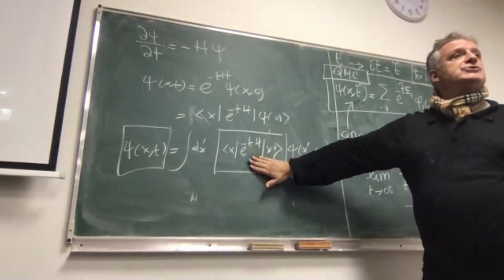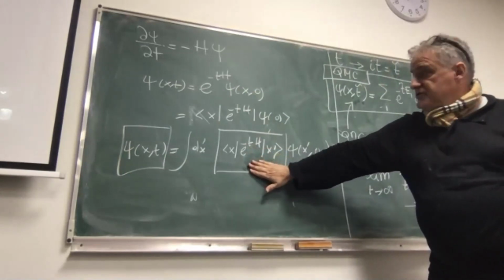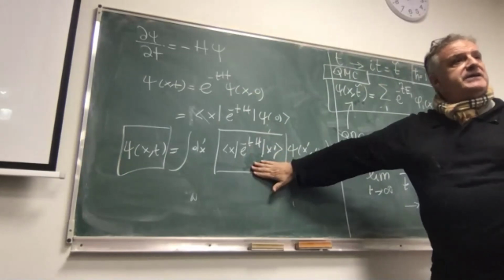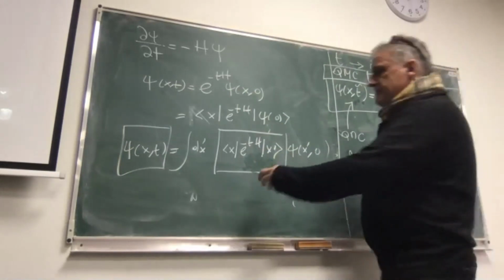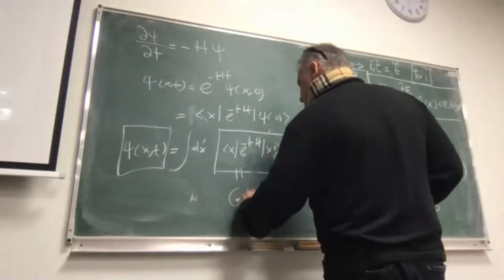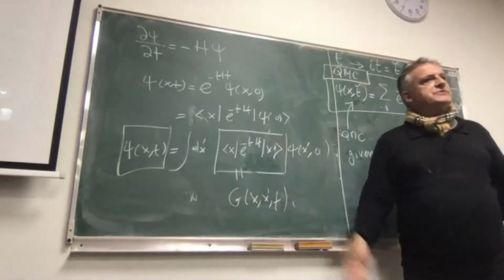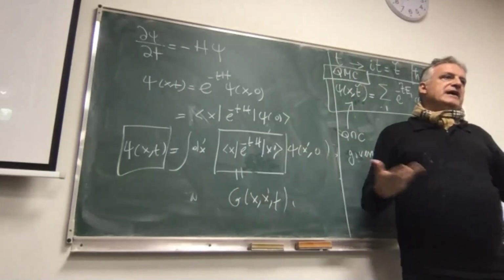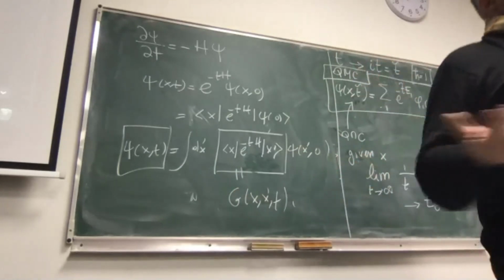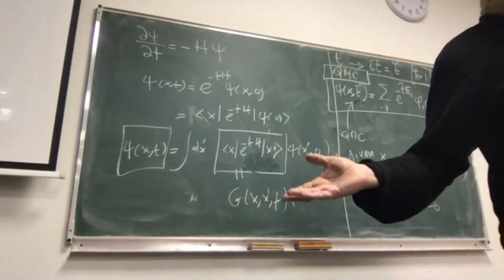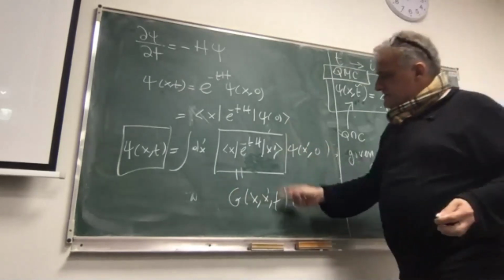If you don't use a stochastic approach, it's just extremely difficult. This is in fact a Green function, a time-dependent Green function. If you make a Laplace transform of that, you would have a standard Green function in frequency space, but in time space, it is this.